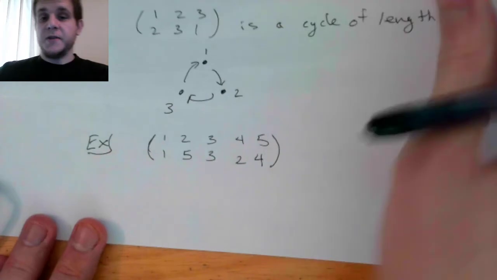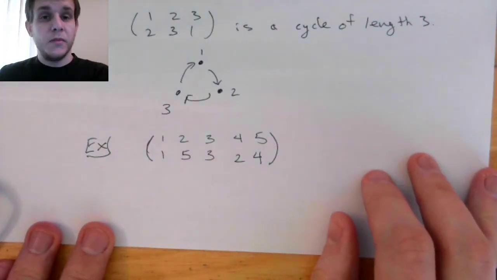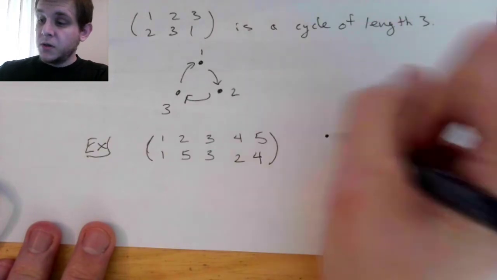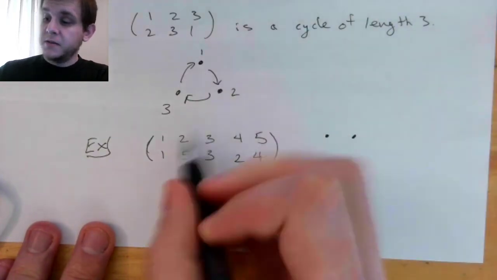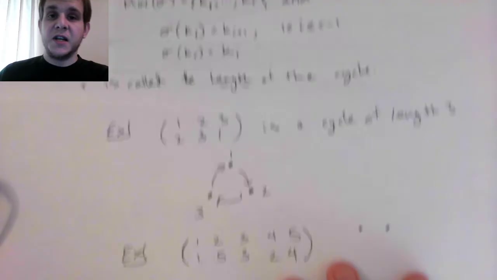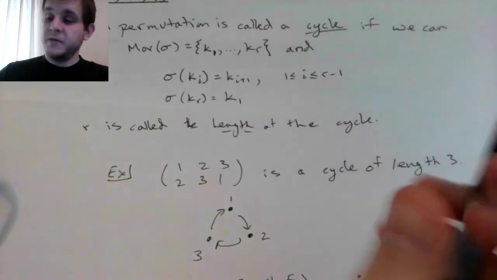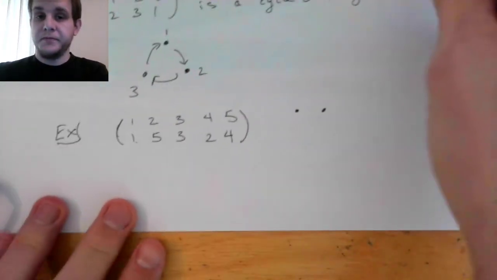This is also a cycle. So let's draw what happens here. So 1 and 3 are fixed. So the cycle doesn't have to move every element of my set. It just has to be that the things that are moved move around in a circle.